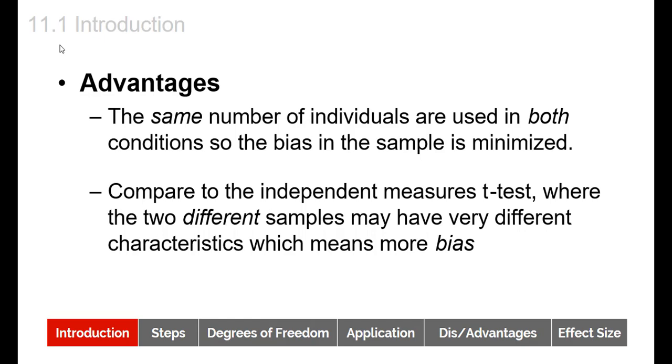You might have one group, for example, that are quite different in terms of maybe their motivation as a whole. And because they have this difference in motivation, it affects whatever it is that you're measuring. So when you are measuring the same individuals in both conditions, you're eliminating the idea that there may be something else systematically responsible for whatever change you might be seeing between the two groups.